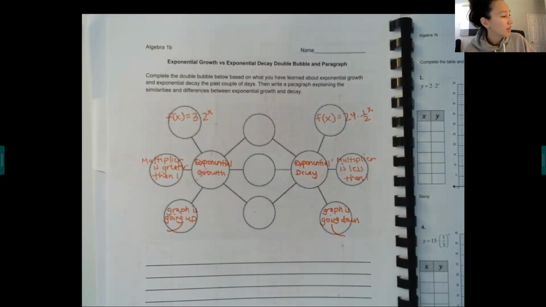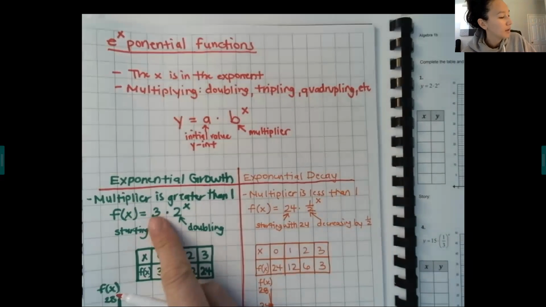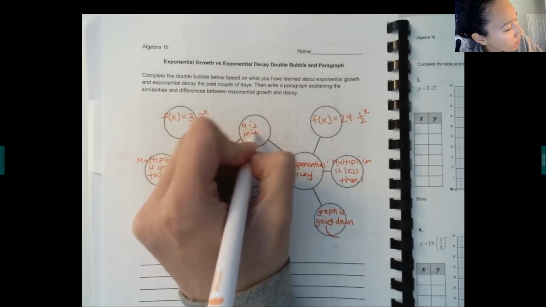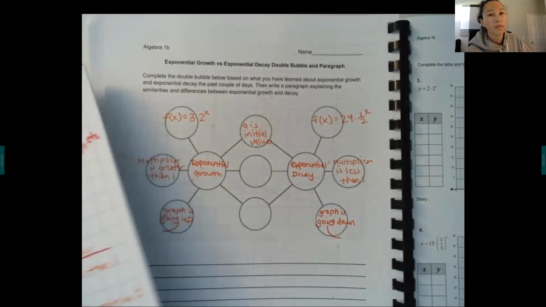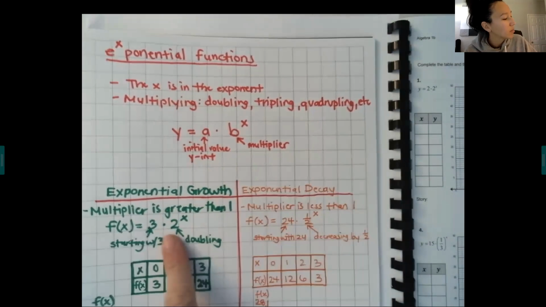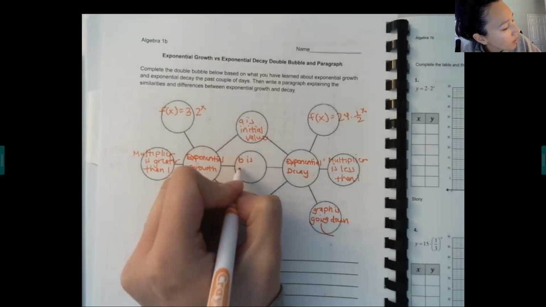What do they share? They still have a, which is their initial value, right? A still tells us the initial value for both. And then they still both have a b, which is a multiplier. So we could still say b is the multiplier.